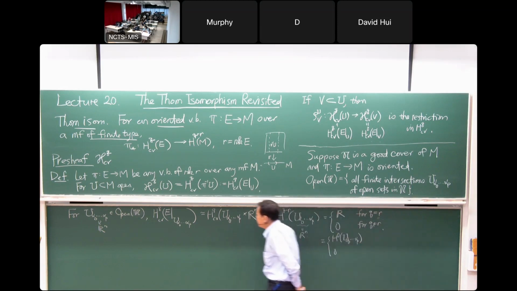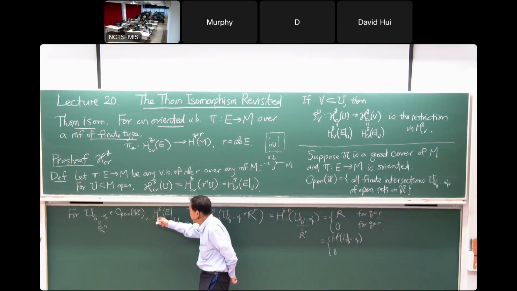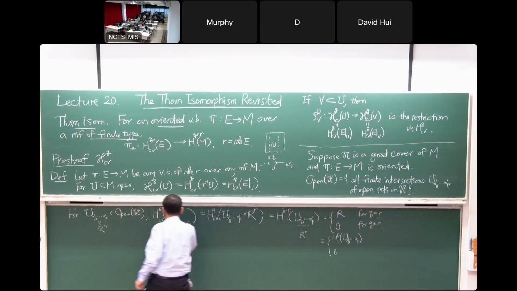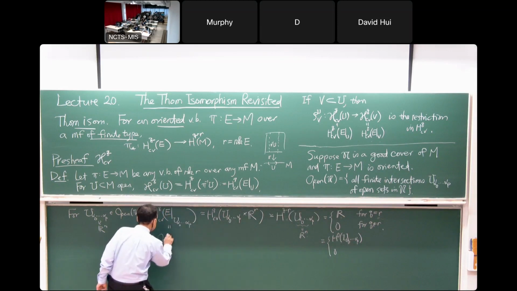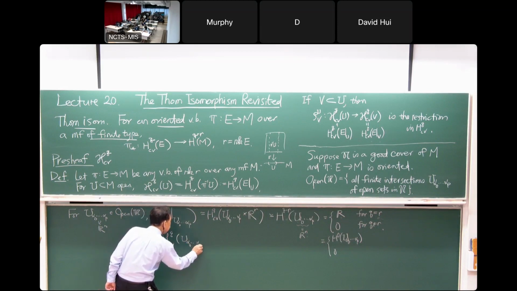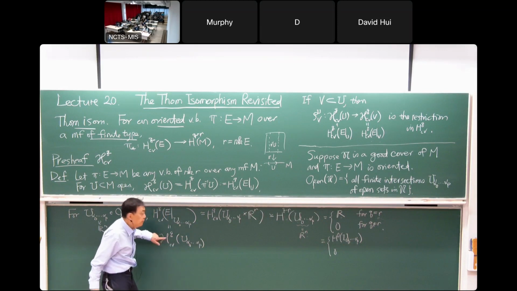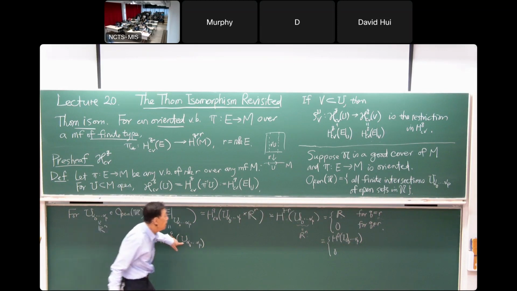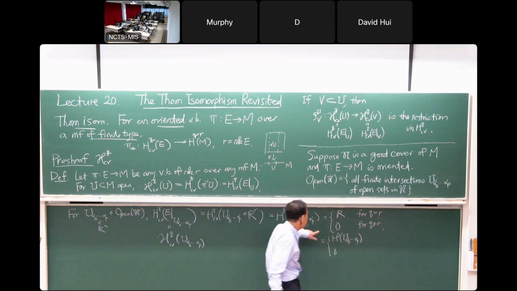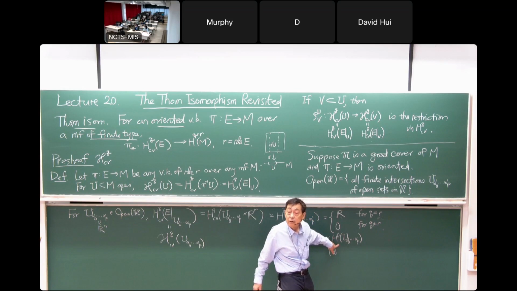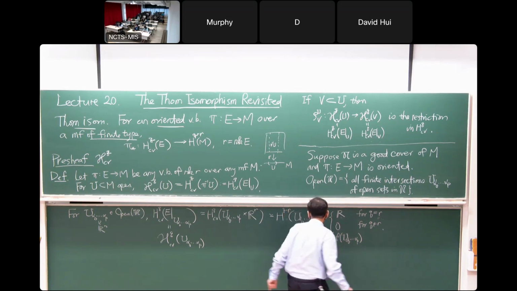So this pre-sheaf, this is HQ with compact vertical support of U alpha 0 to alpha P, okay? This pre-sheaf on the open cover is precisely the locally constant functions on that open set, okay?